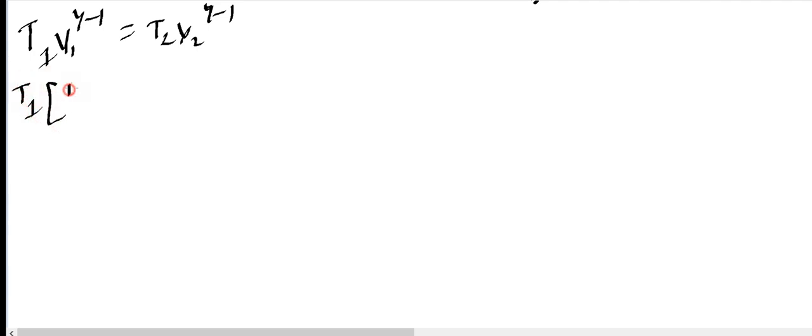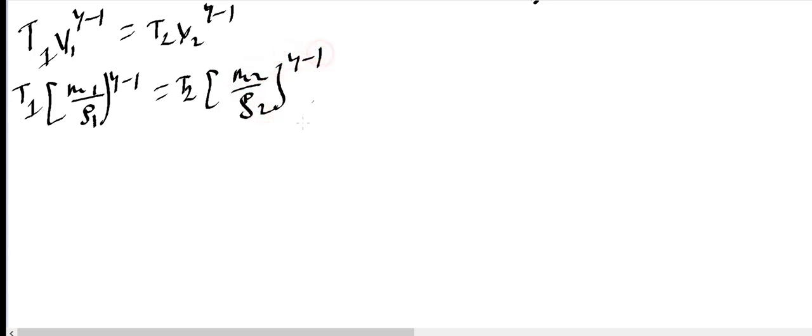Now the temperature and volume relation: T1 V1 to the power of gamma minus 1 equals T2 V2 to the power of gamma minus 1. Since V is m over density, T1 into m1 over density 1 to the power of gamma minus 1 equals T2 into m2 over density 2 to the power of gamma minus 1.